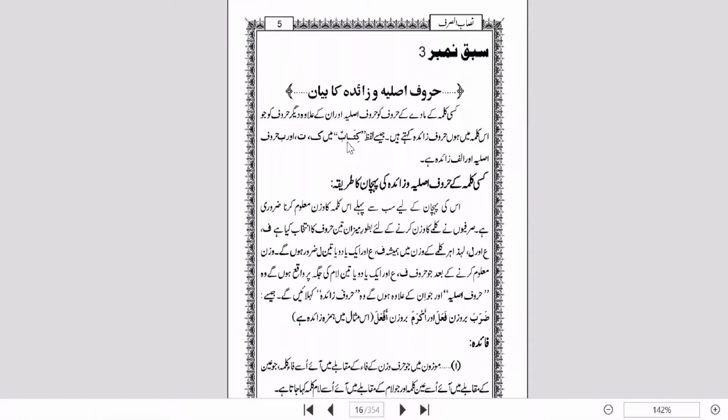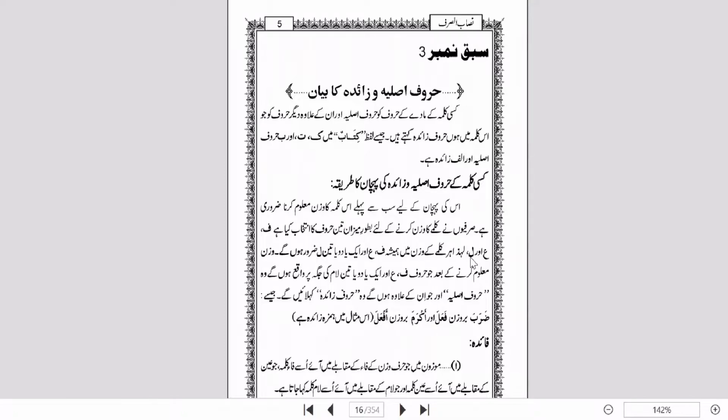Now, how do we recognize Huroof Asliyah and Huroof Zaidah? What's the method of recognition? Firstly, it's necessary to know the scale of a word. According to the scholars of Sarf, they have selected 3 letters, Fa, Ain and Lam.